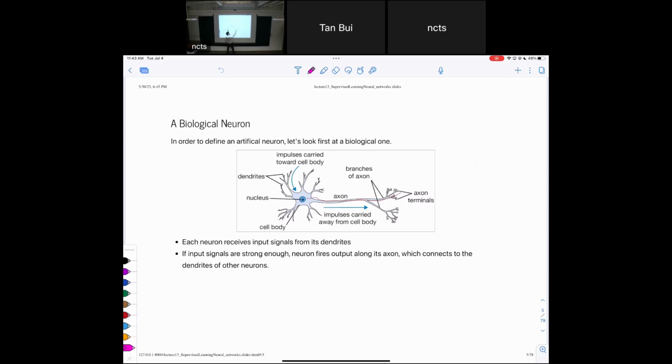So when the potential difference is over some threshold, the neuron fires or sends information to the other neuron, and similarly for the other neurons. That is the biological situation in our brain.